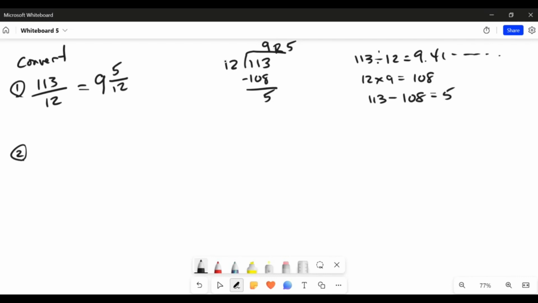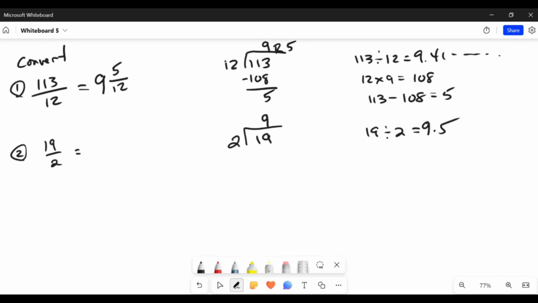Let's look at number 2, 19 over 2. So I need to do 2 into 19, or 19 divided by 2. When you punch that into your calculator, you get 9.5. That means the whole number part is 9.